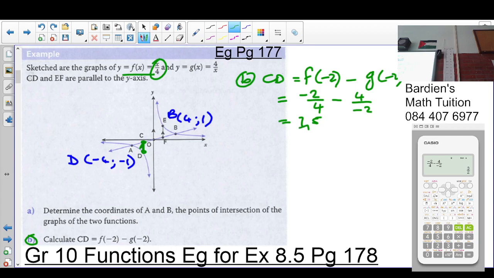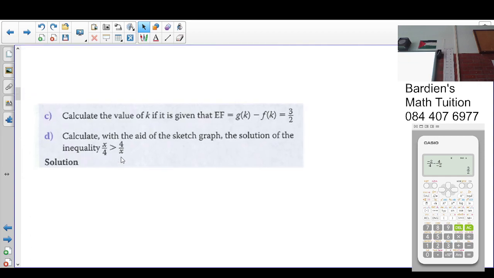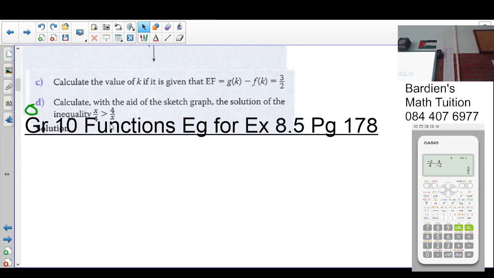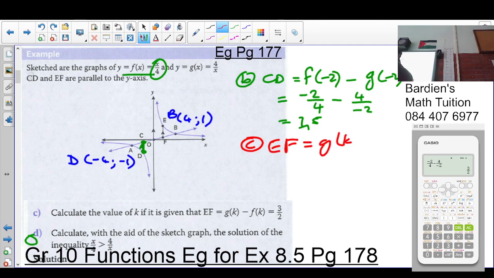Okay. Let's look at C. C says, calculate the value of k if it's given that EF, which is g of k minus f of k, equals 3 over 2.